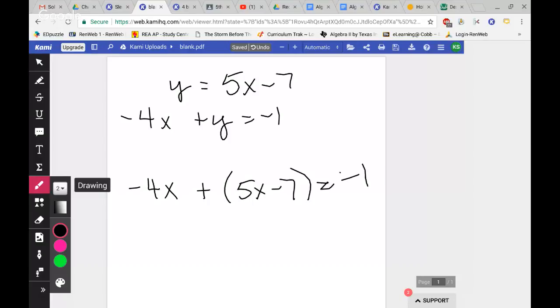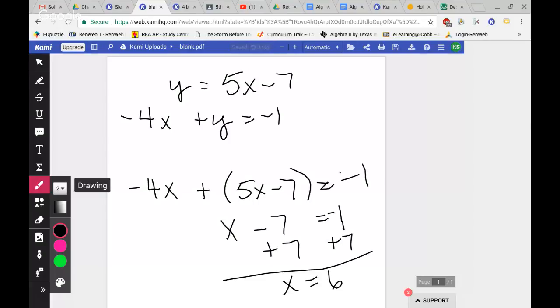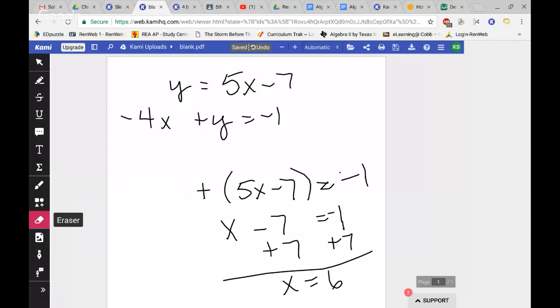Okay, so negative 4x plus 5x is x minus 7 equals negative 1. And I'm going to add 7 to both sides. You get x equals 6. Good job. So then I would take that x equals 6 and I would plug it in. And y would equal 23. That's it. Exactly.